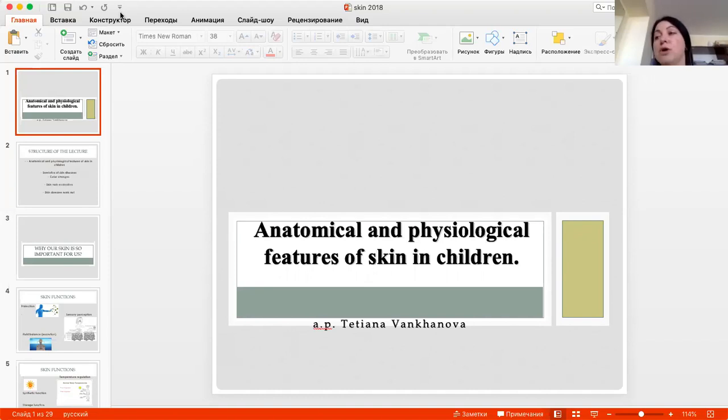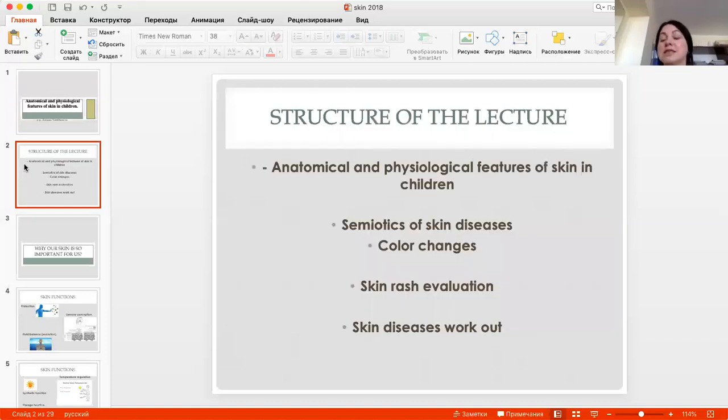Semiotics means the most important clinical science of the skin pathology in children, how it looks like, how to diagnose the most widespread skin diseases. So shortly, it looks like this, the plan of our today's lecture.